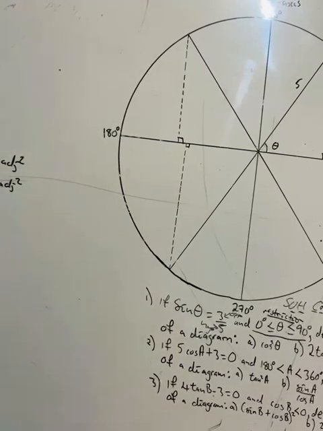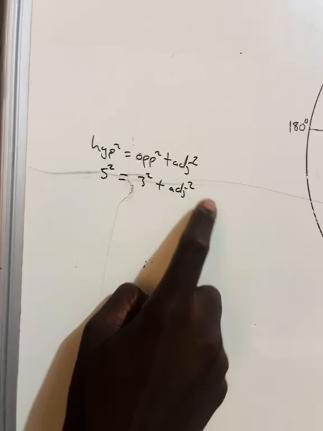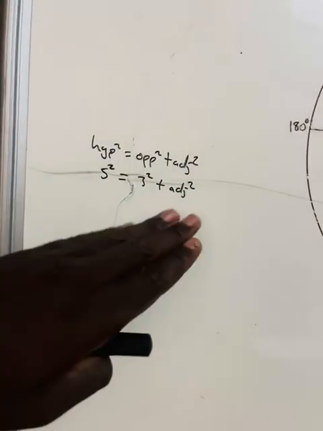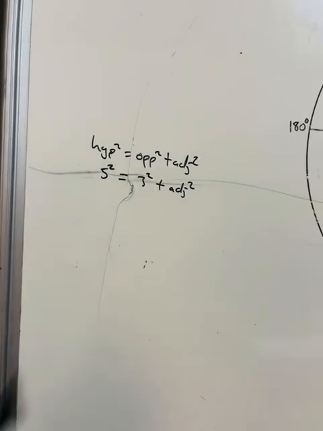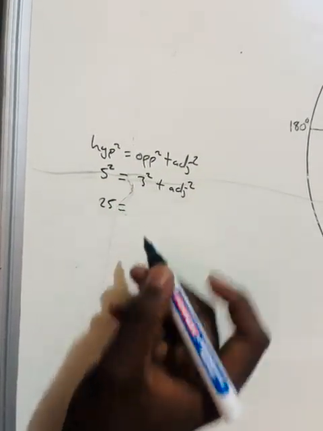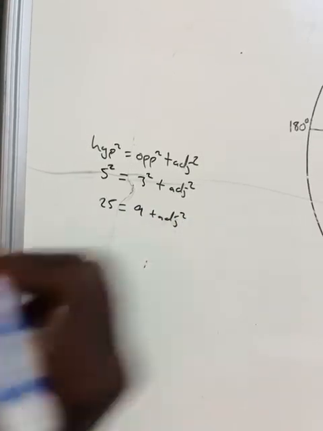You will be penalized. You will lose your marks. Because do not write what you are not given. In this scenario, you were not given any of those letters. So stick to writing what? This adjacent squared is acceptable. ADJ is the shortcut for adjacent. You won't be penalized. Now, 5 squared, what is 5 squared? 25, which is equal to 3 squared, which is 9, plus adjacent squared.